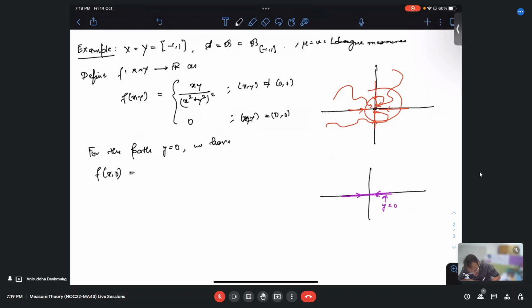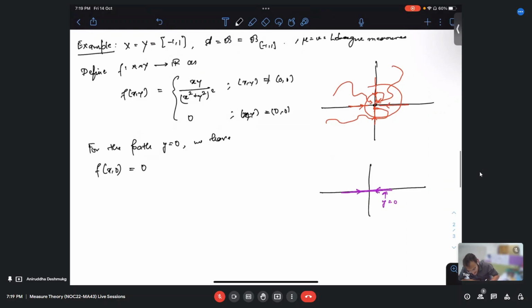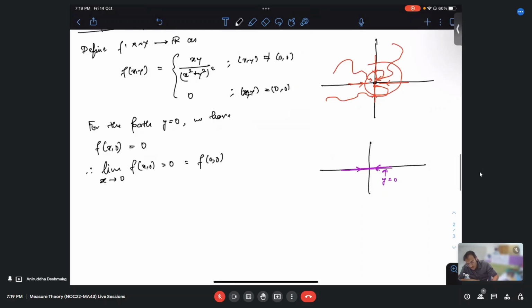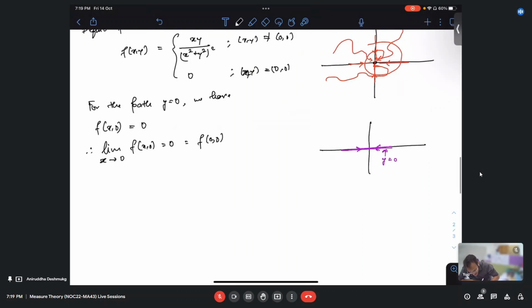This is always 0, because once y is equal to 0, the above thing is 0, and if x is also equal to 0, then by definition it is 0. So therefore, the limit as x goes to 0 of f of x, 0 is 0, which in this case is f of 0, 0.